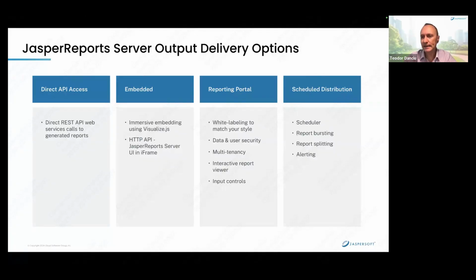Also, report splitting is this ability to run a single report but not produce a single document, but rather a series of documents. So with a single report run, I can produce 1,000 PDFs that I deposit in a folder, or maybe I even send by email. So report bursting and report splitting kind of in the same area, but slightly different way of executing reports, depending on what the goal is.